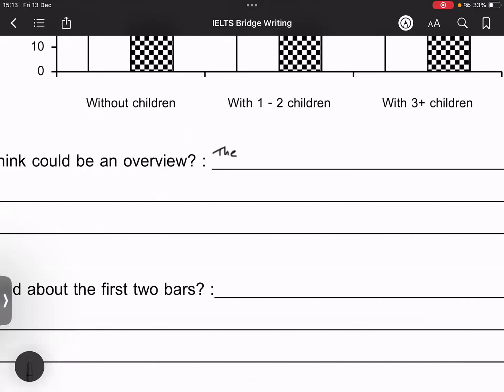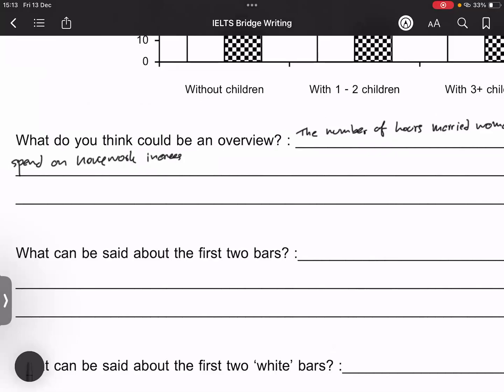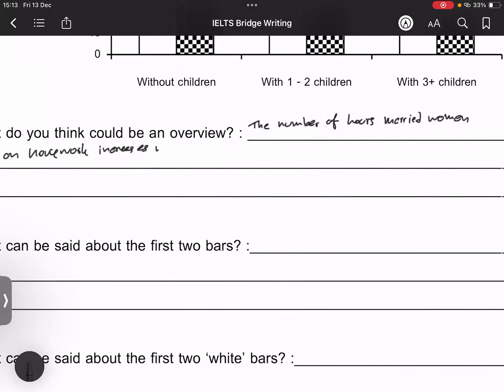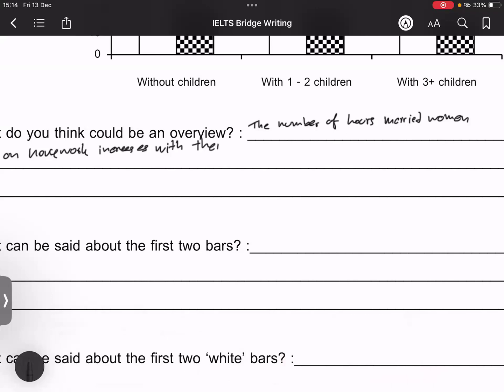The number of hours married women spend on housework increases with children, with their children, as opposed to men.